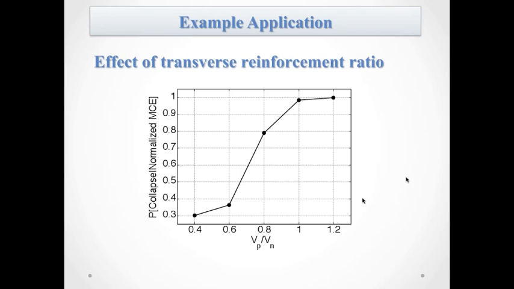So this is practically demand over capacity. When the shear demand over capacity is low, failure is controlled by flexure. And when it's high, the members become shear controlled.